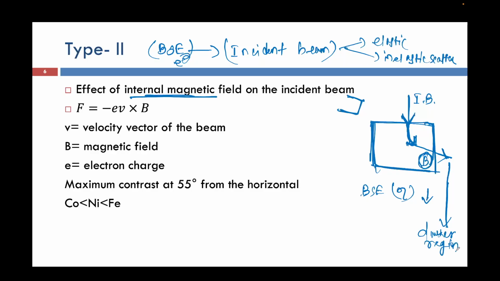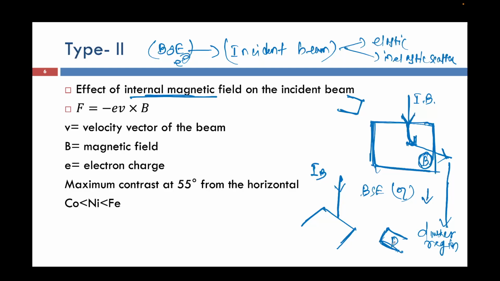Similarly, here I am drawing, let's say this is my material. I'm just tilting my material a little bit so that there will be space. So let's say this is my incident beam, and now my detector is there. It can happen also with a flat specimen. I'm just drawing it so that it is convenient to put the detector here, so that you can visualize.